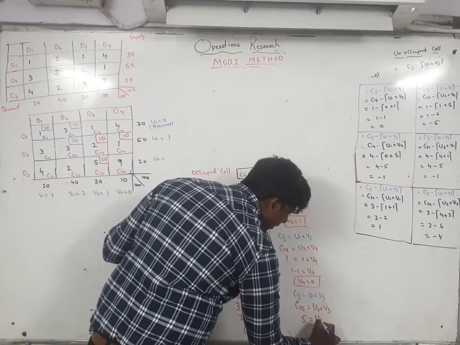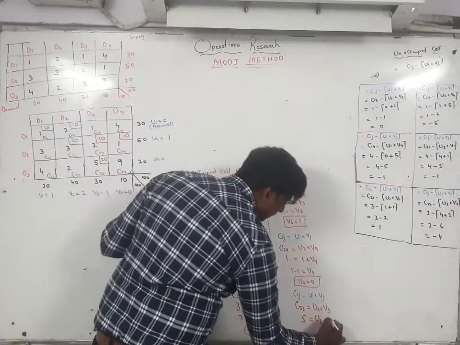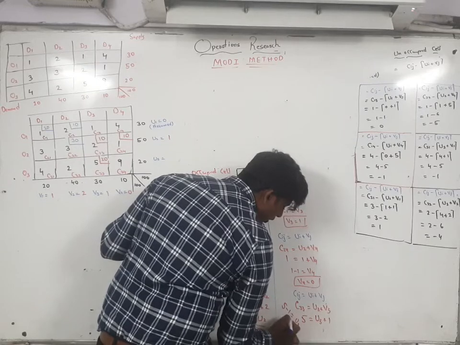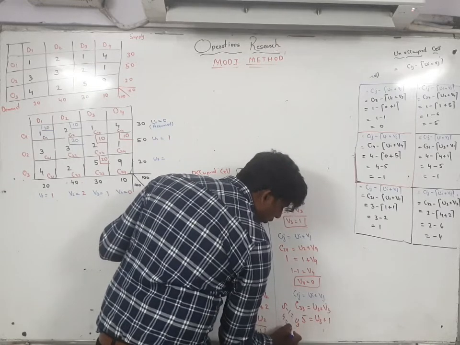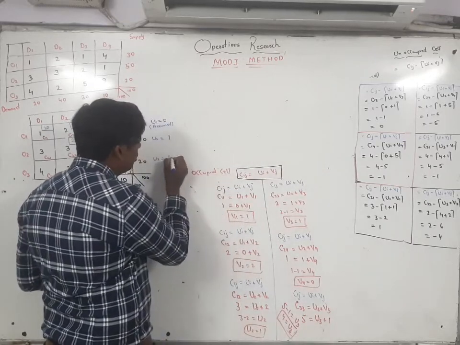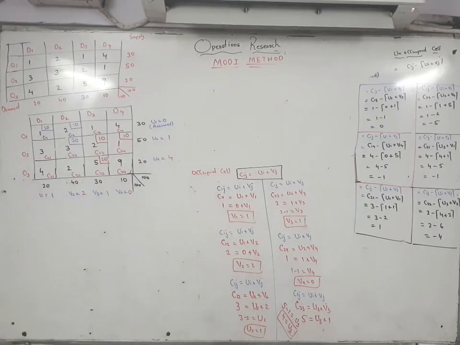Write U3 as it is. V3 just now you got as 1. So 5 minus 1 is equal to U3, so 4 is equal to U3. So here you got the value of U3, which is 4. This is for the occupied cells.